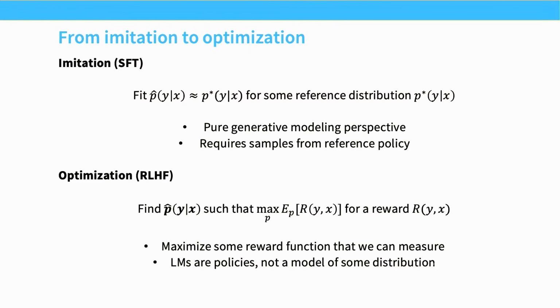And I don't care if I've mimicked some distribution. And this is conceptually very different because now in the second world, I can totally collapse my distribution onto a single point for every input. So for every prompt, my model could have a single answer, not a distribution. And that would be OK as long as it got a good reward. So that's a big, important conceptual distinction to keep in your mind. And I wanted to highlight it before we get into some of the later bits.